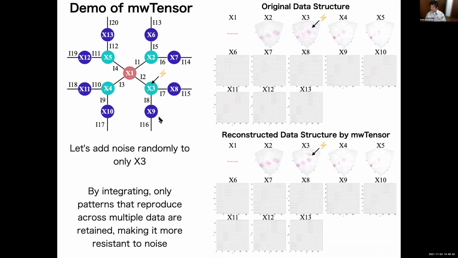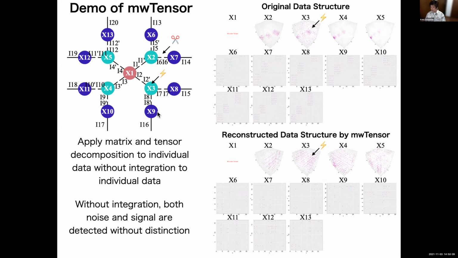We assume that the factor matrices of X3 are common to these tensors. The same noise is not included in X1, X8, and X9 because it was randomly added only to X3, and it is not reproducible among the data, making it hard to be selected.